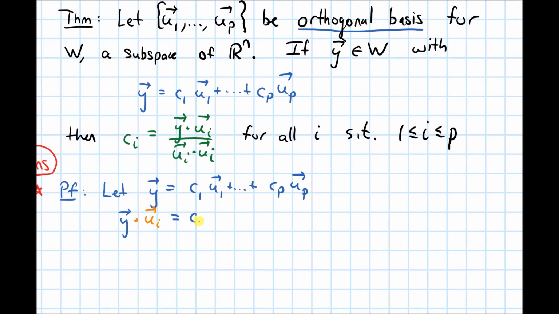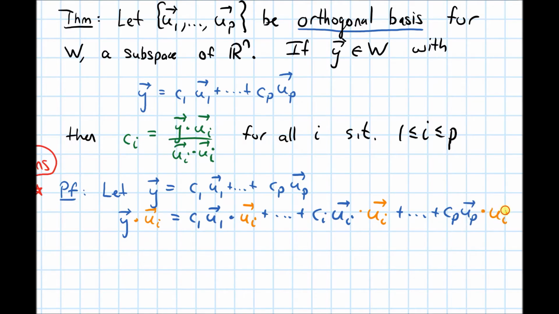So when we do that, we'll get c1 u1 dotted with ui, plus dot dot dot, plus somewhere in the middle we'll have the term ci ui, and now we dot it with ui, and then plus dot dot dot, plus finally we have cp up, and now we dot that with ui.